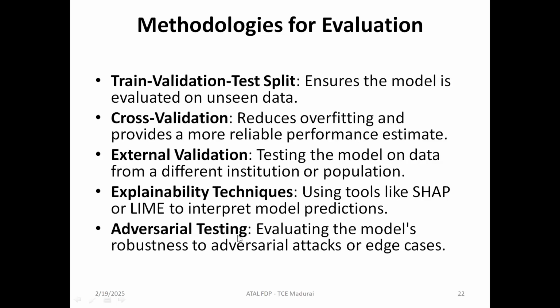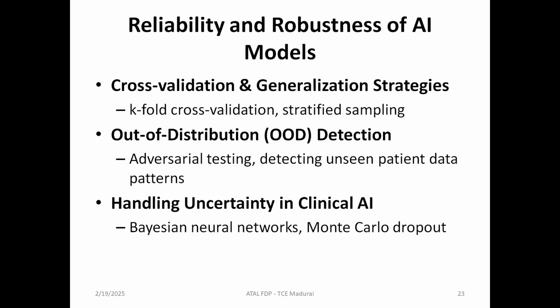Then adversarial testing, which evaluates the model's robustness to adversarial attacks or edge cases. Nowadays we are collecting data sets from medical IoT devices, and carefully we have to ensure whether the sensor data set we have collected is ready for evaluation, or whether we need to do any pre-processing over that data set.